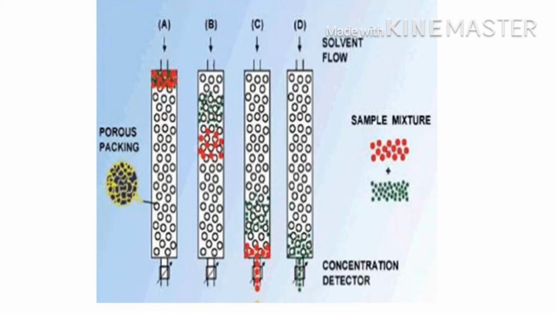As the column is eluted further with pure solvent, the mobile phase becomes devoid of polymer molecules, whereas the stationary phase contains a large quantity. This difference in concentration drives the polymer molecules in the opposite direction, and they now start diffusing out of the pores.